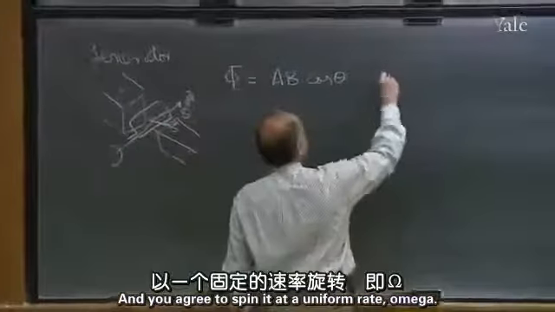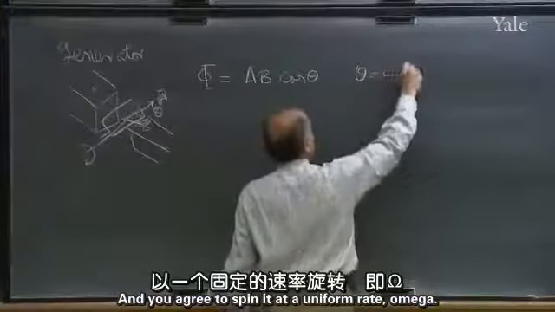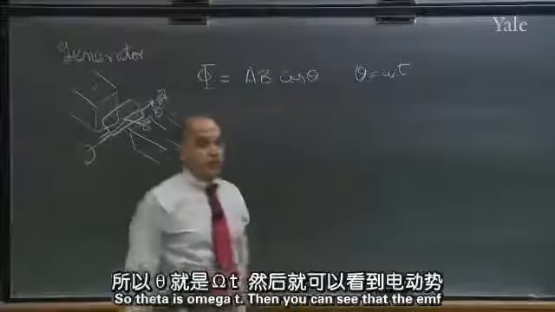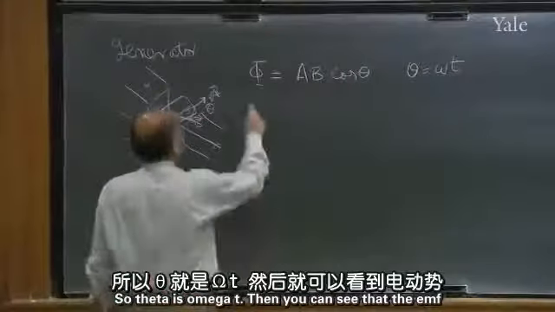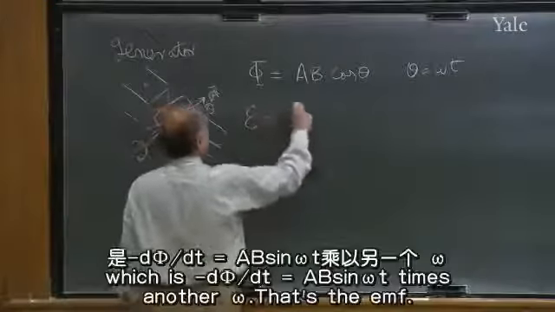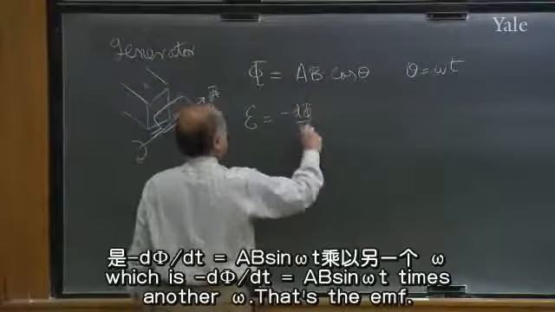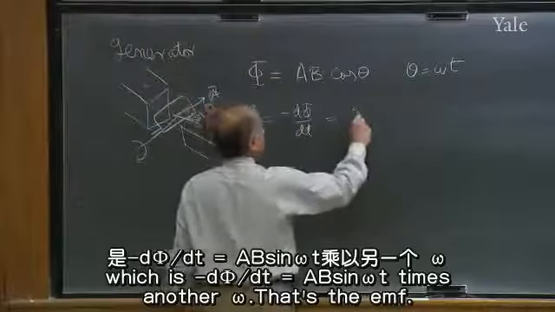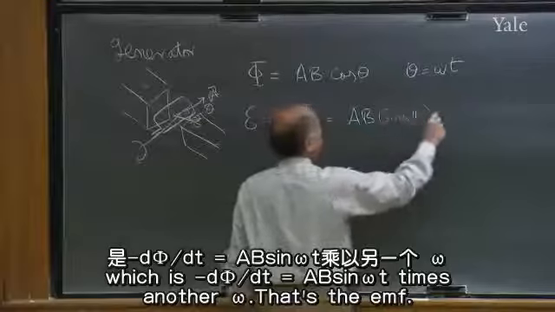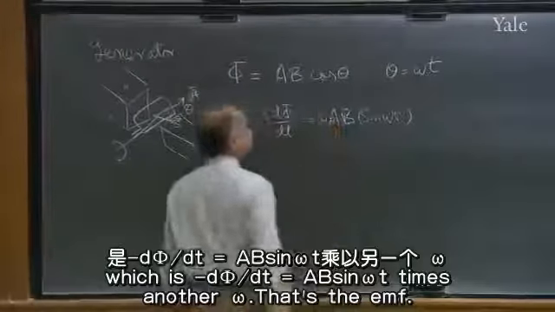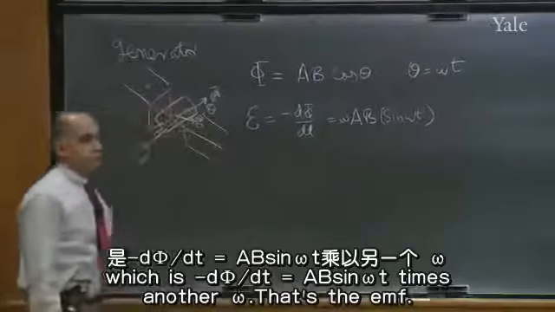And you agree to spin it at a uniform rate, omega. So theta is omega t. Then you can see that the EMF, which is minus d phi dt, is equal to A B sine omega t times another omega. That's the EMF.